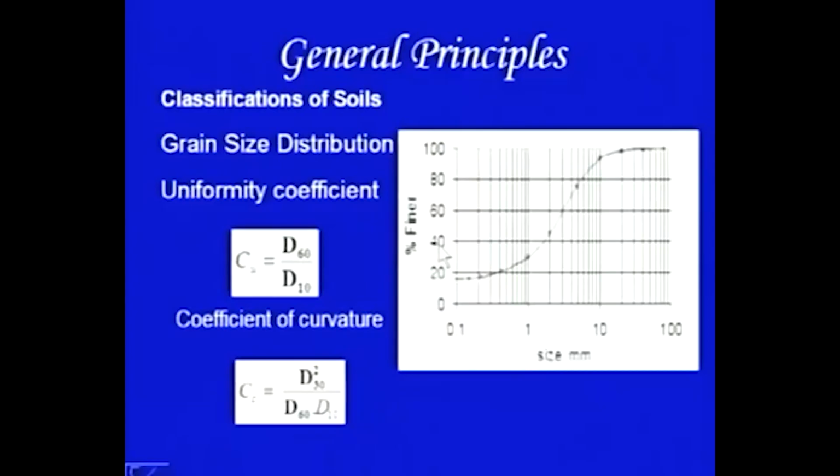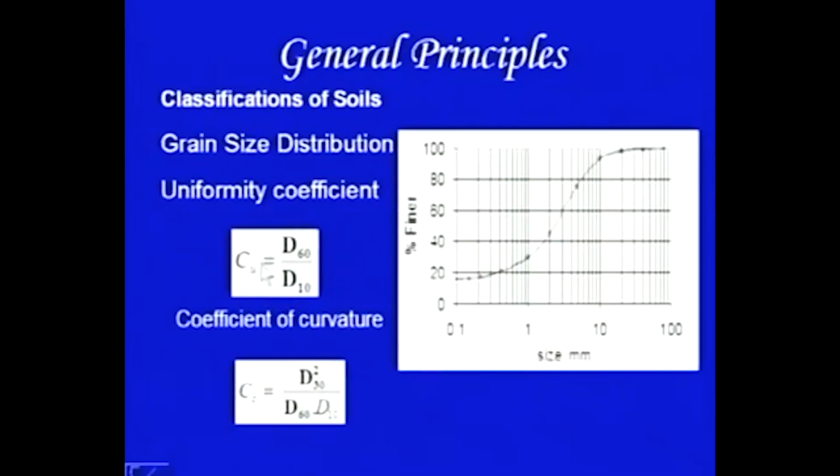When I say 40%, it means 40% is finer than that size. So, a curve is plotted between percent finer and size, and from this, two parameters, one called the uniformity coefficient and the second called the coefficient of curvature, are computed.